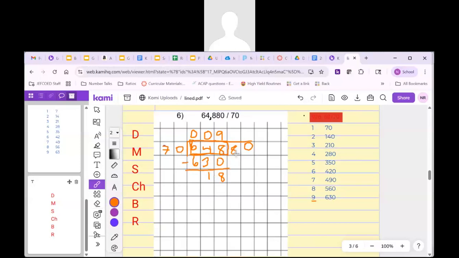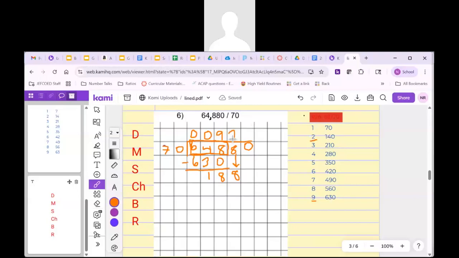It is, so now I can bring down. Bring down the 8. Okay, so now I have 188. Let me go over here. 188. Okay, so 210 is too big. That's bigger than 188. So I'm going to have to go back to 140, which is a 2.